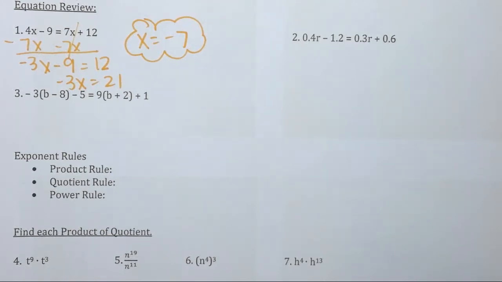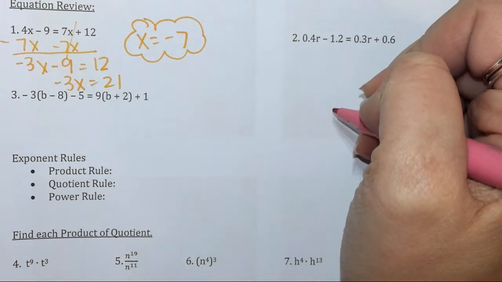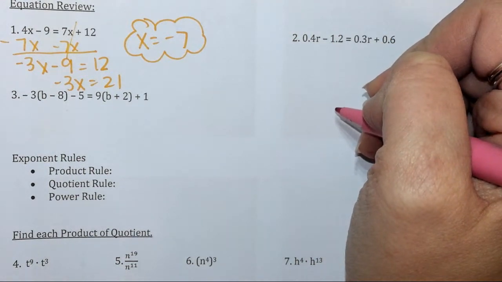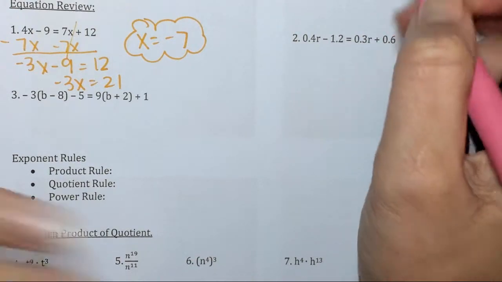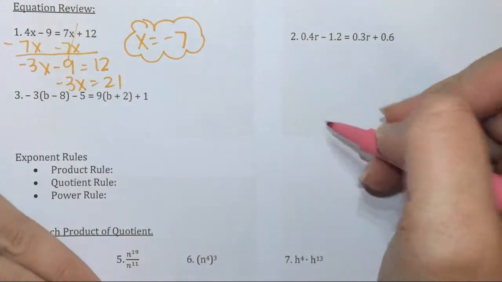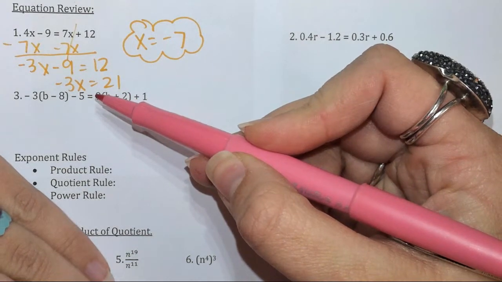That's what I got. Alright, what did you get for number 2? 18. Did everybody get 18? I got 18. Okay.